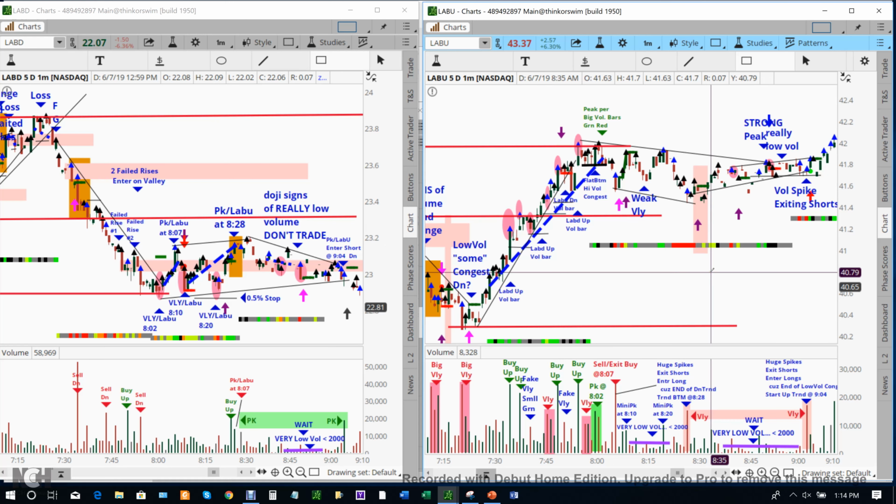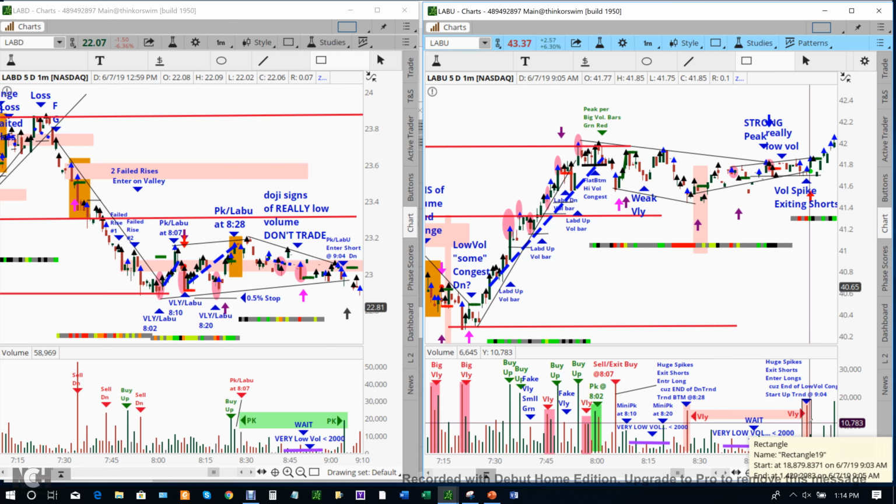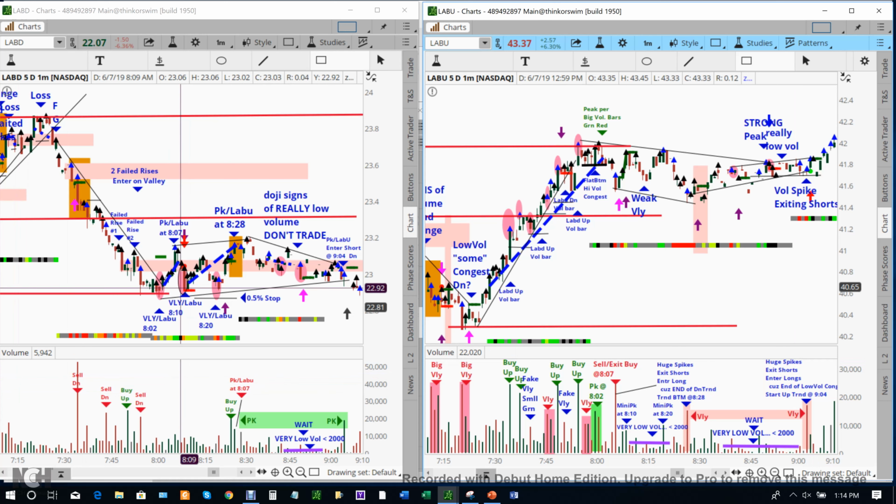Then we waited from 8:33 to this big huge bar over here, which is 9:05. And so we got in for that trade at 9:04.